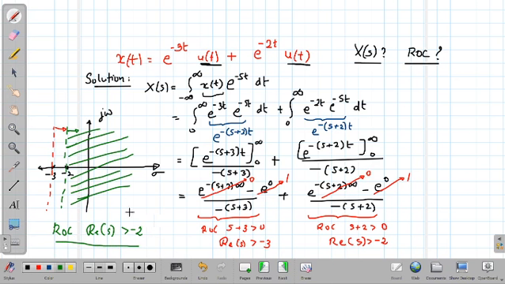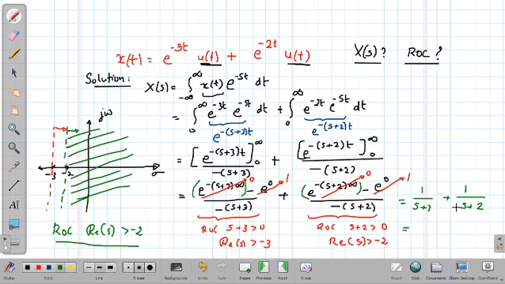So for this particular region of convergence, both this term goes to 0, as well as this term goes to 0, and what is the final expression? It is minus 1 divided by minus s plus 3, which is nothing but 1 by s plus 3, and second term is minus 1 divided by minus s plus 2, which is 1 divided by s plus 2. So 1 divided by s plus 3 plus 1 divided by s plus 2, that you can cross multiply, and I'll write the final expression.